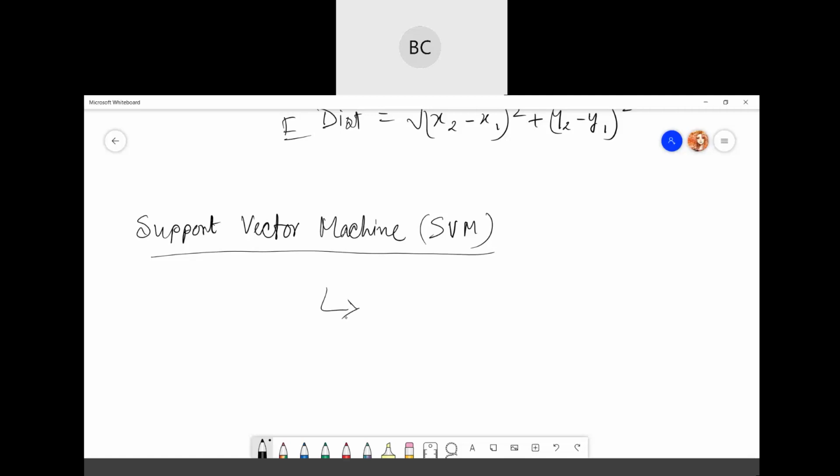Support vector machine is another type of supervised learning algorithm, and it is used for both regression and classification.